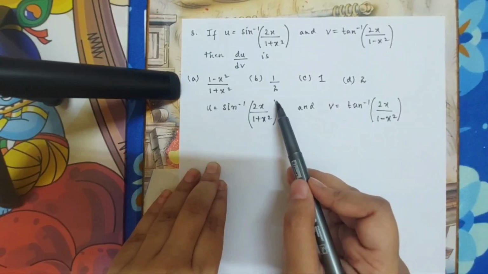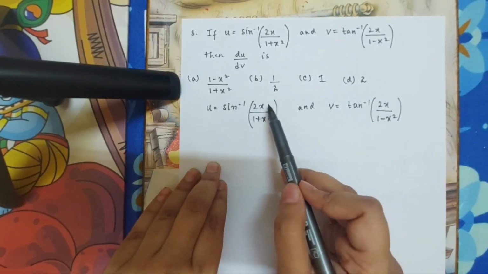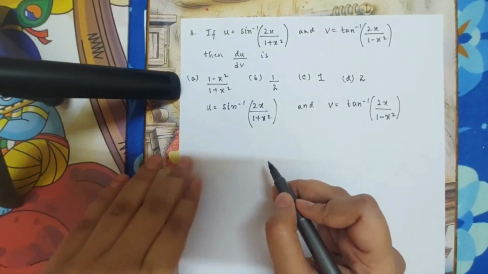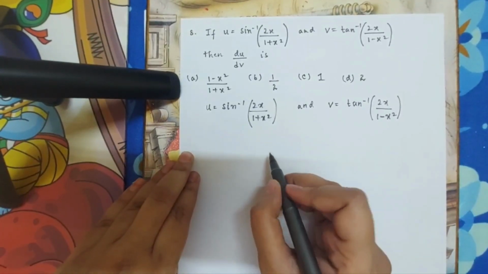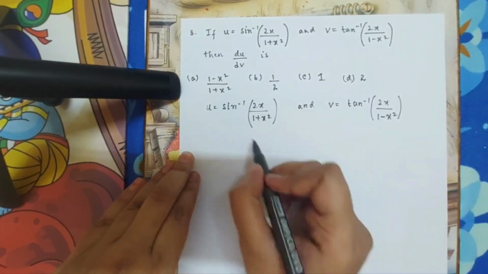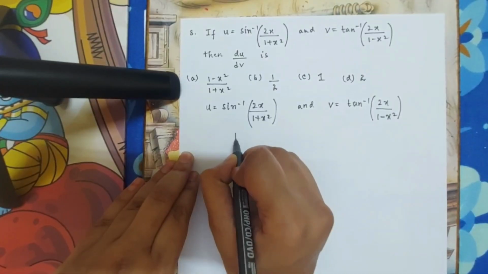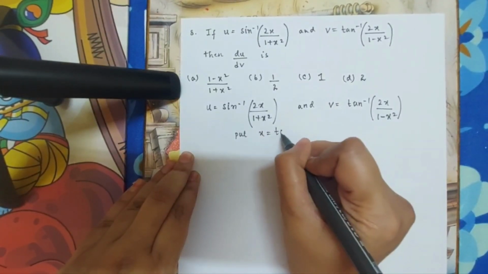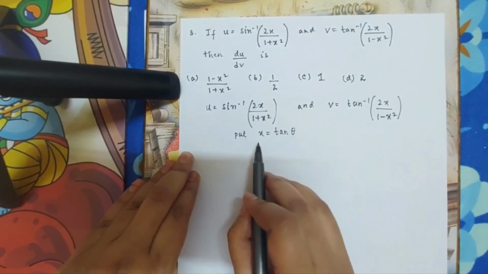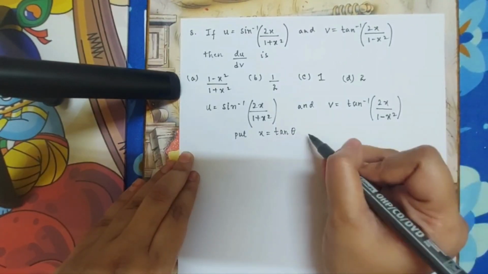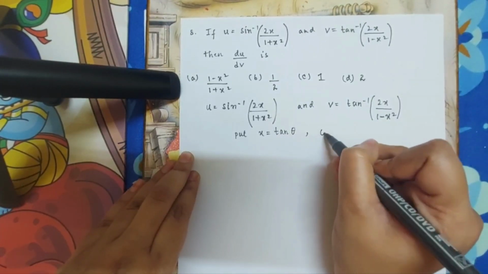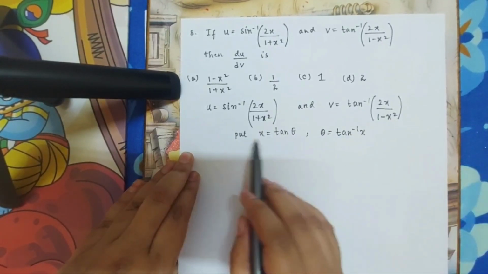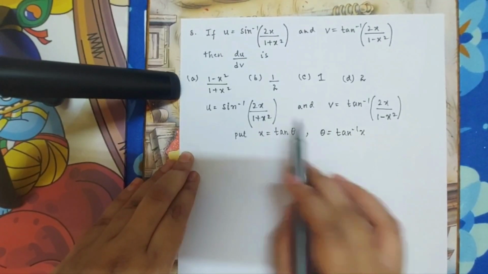Along with that, we'll be applying chain rule and we'll be solving this. That becomes a very tedious process. So we can actually use substitution method to find the derivative here. So I'll be taking x as tan theta. Now if I consider x is equal to tan theta, from here the value of theta will be tan inverse x. So we will be using this in the given equation.